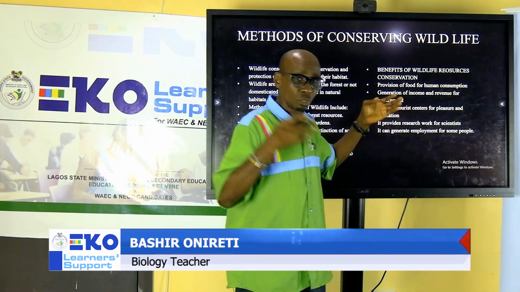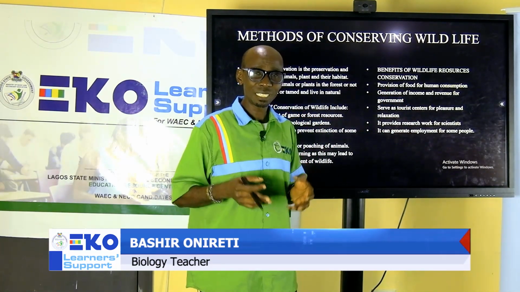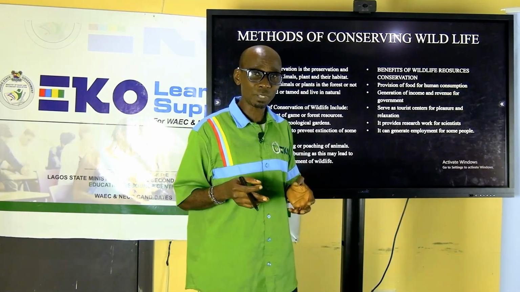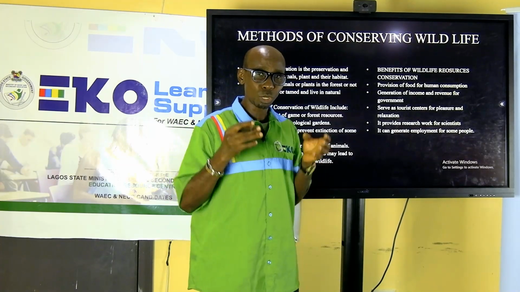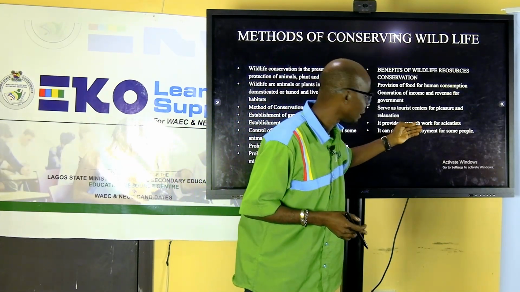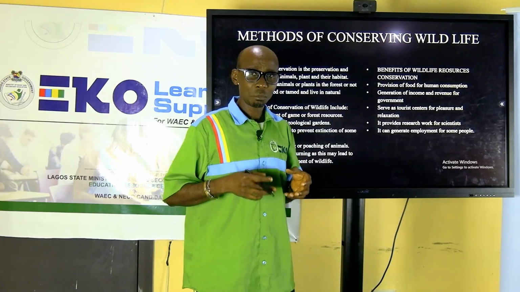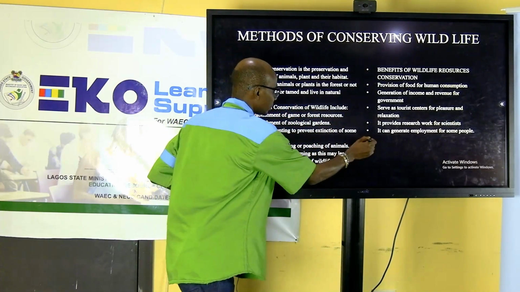Tourism is a good business, especially in eastern Africa. Most of their forests are good tourist centers. They also provide research to get more knowledge about the natural animals and the natural plants.